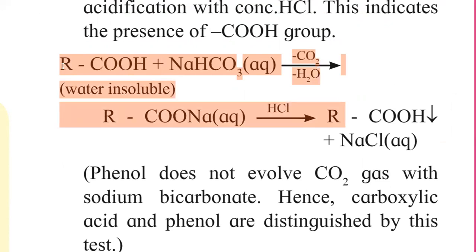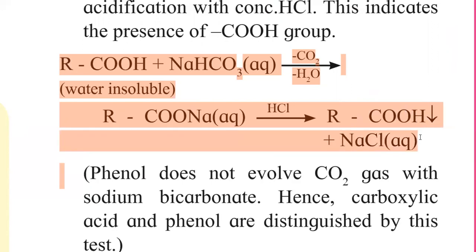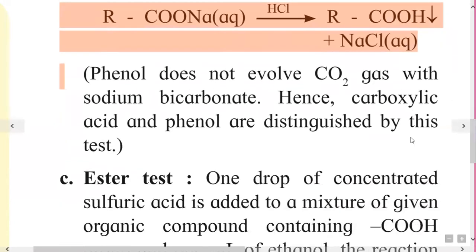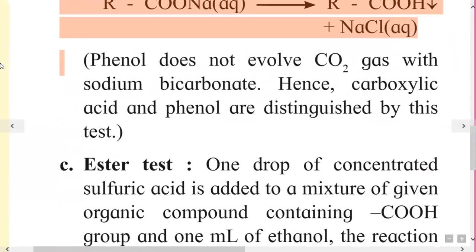The main product is RCOONa in aqueous solution, that is the sodium salt of the carboxylic acid. Again the carboxylic acid is precipitated by adding HCl to it, giving the precipitate, the original carboxylic acid. The side product is sodium chloride.